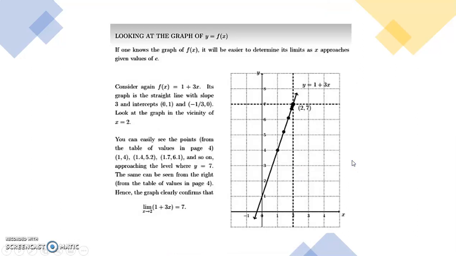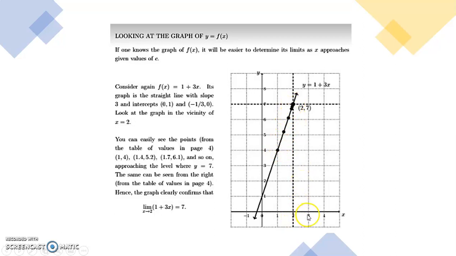Now, let's take a look at the graph of f of x equals 1 plus 3x. Let us look at the graph. Here is 2. The value of y is 7. Approaching 2 from the left, you can see the value of y goes from 4 to 7.